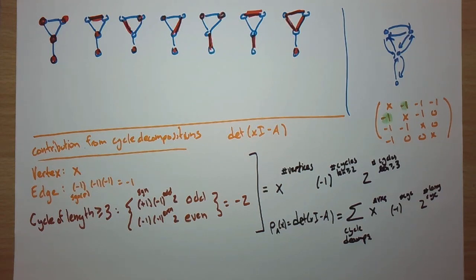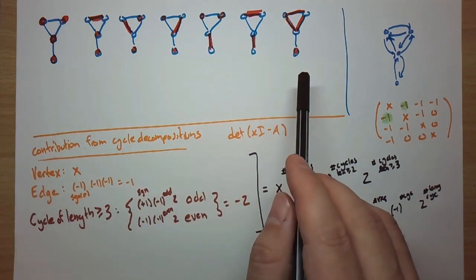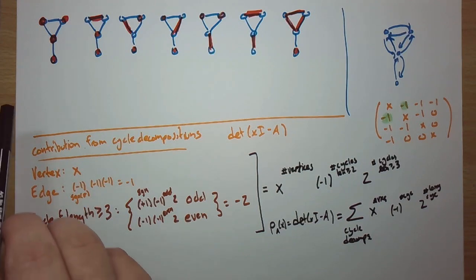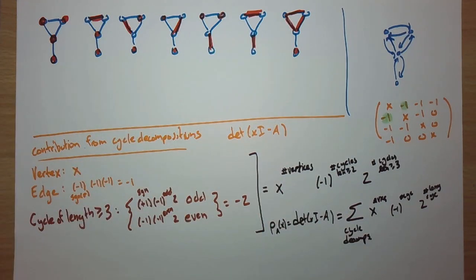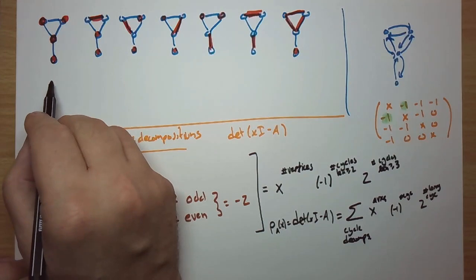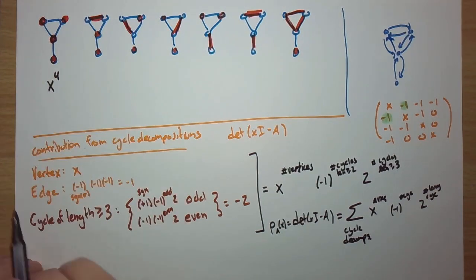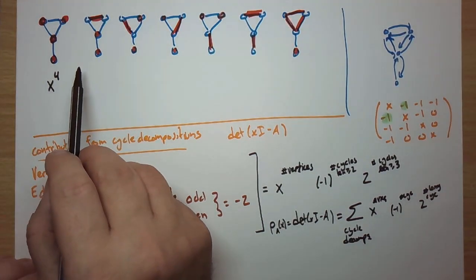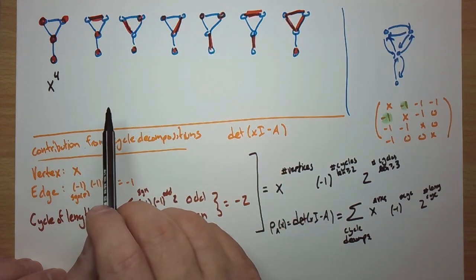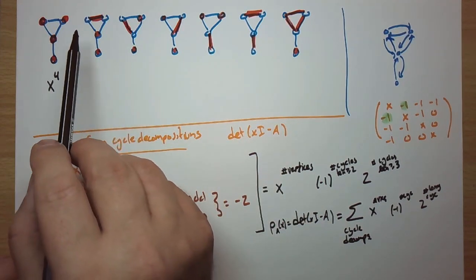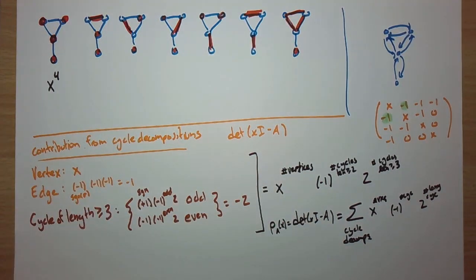Okay, I left myself some space. Let's compute the contribution from each one of these. For this first one, what's the contribution? X to the 4th, because everything's an x. For the next 4, they all have the same structure, because we just care about how many cycles we have.